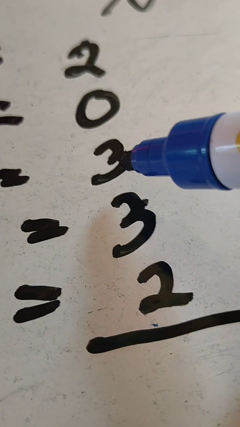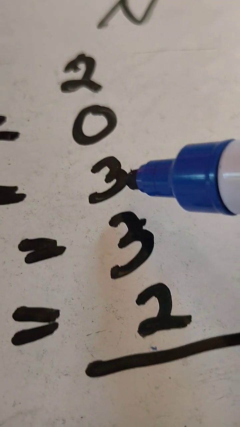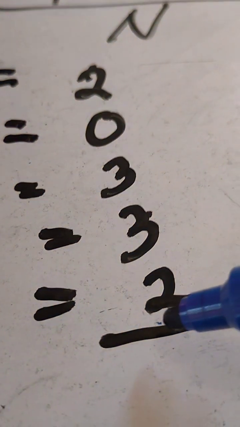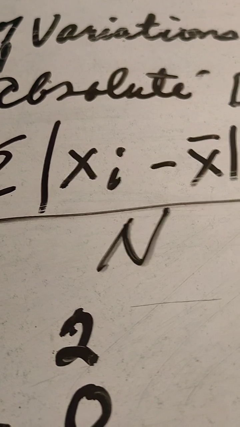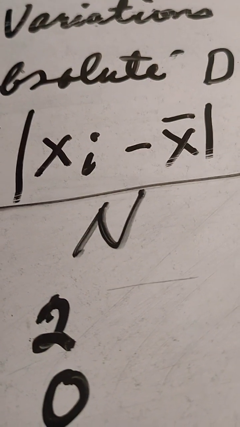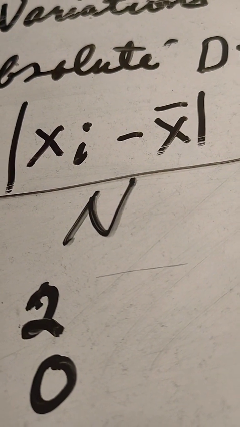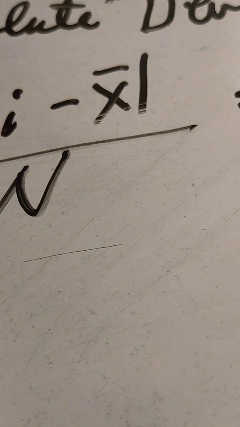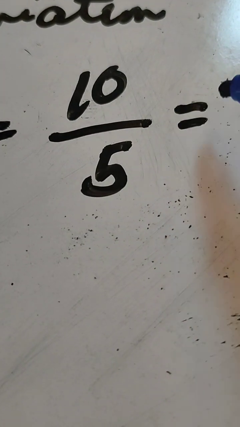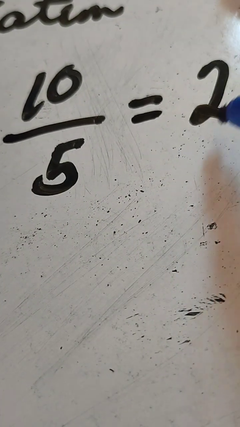So, get the sum of the differences. 2 plus 3 is 5, 3 plus 2 is 5, so you have 10. Applying it to the formula, the sum is 10, divided by 5. So, our mean absolute deviation is 2.